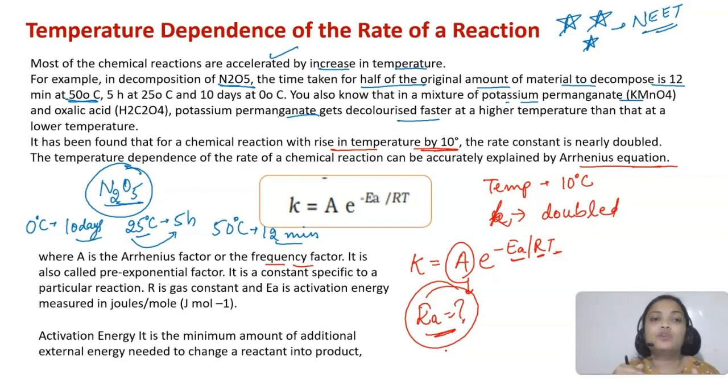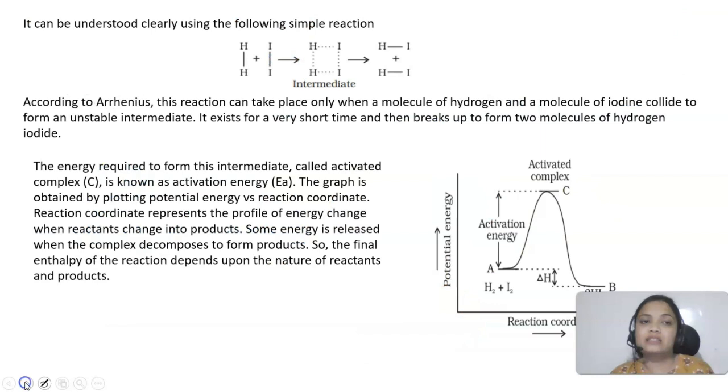Sometimes a reaction is not feasible at that particular temperature. So if we increase the temperature, meaning if I provide some energy, that minimum amount of external energy which is required to change a reactant into product is called the activation energy. It means we are activating the reactants.